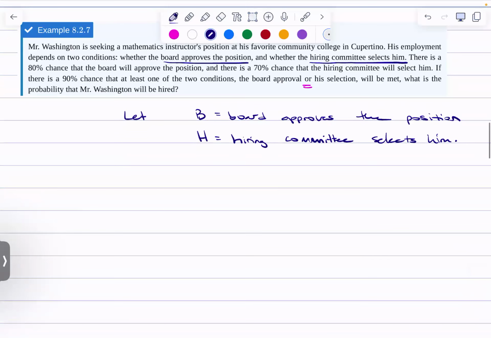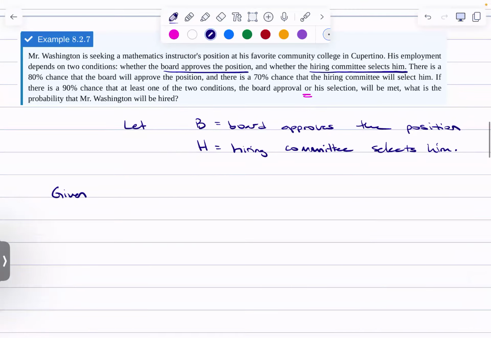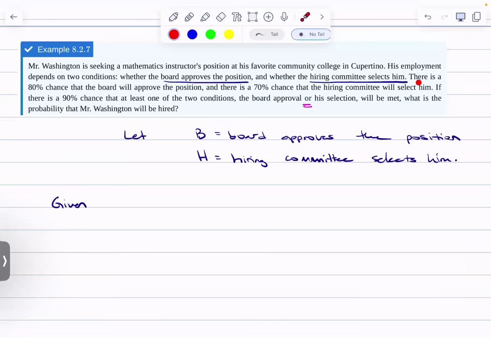So now we've been given some information. We'll start with the first number. There's an 80% chance that the board will approve the position, which tells me that the probability of B must be 0.8.